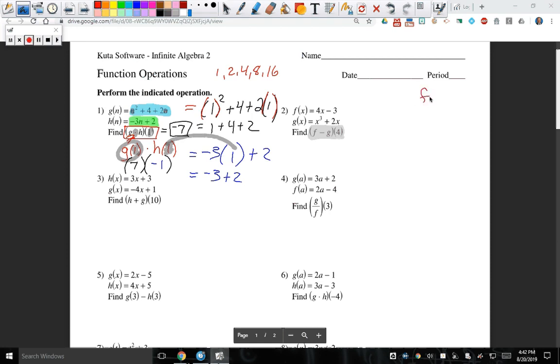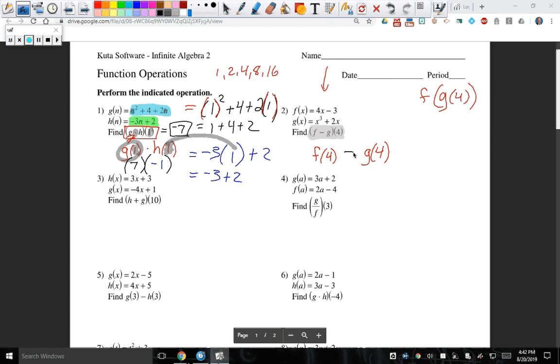Again, please do not confuse this multiplication and number 2 subtraction with this. They're not the same thing, okay? This notation means we're going to take 4 and input it into the function f, and we're going to take 4 and input it into the function g. Whatever we get from those, we will then subtract whatever those answers are.